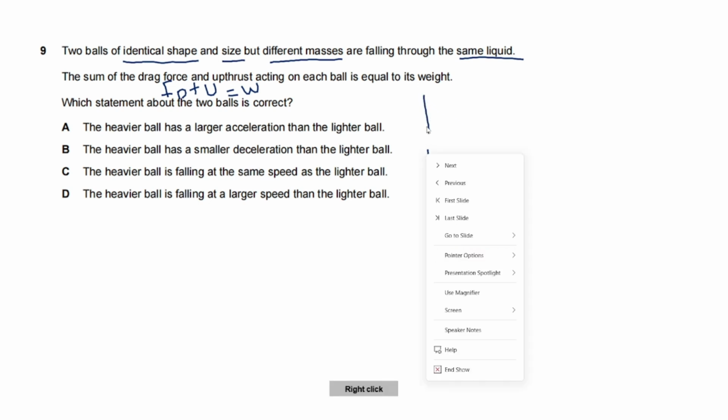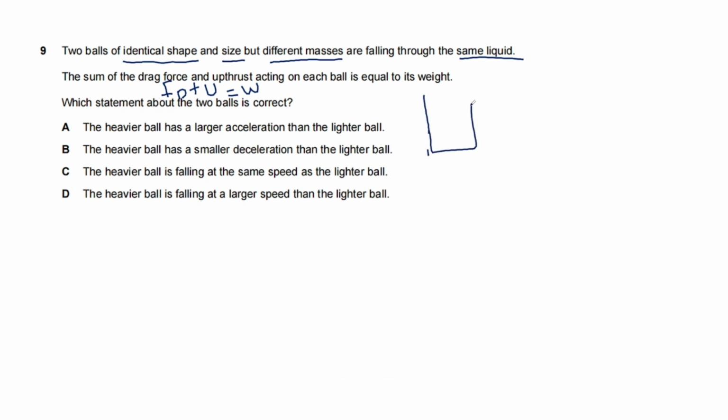Okay, so let's consider the liquid. So here it is, the liquid. When there is a ball falling in this liquid, the weight would be downward. There will always be an upthrust and there will be a drag force in the opposite direction of movement. Since it is falling, the drag force will be upward, right?